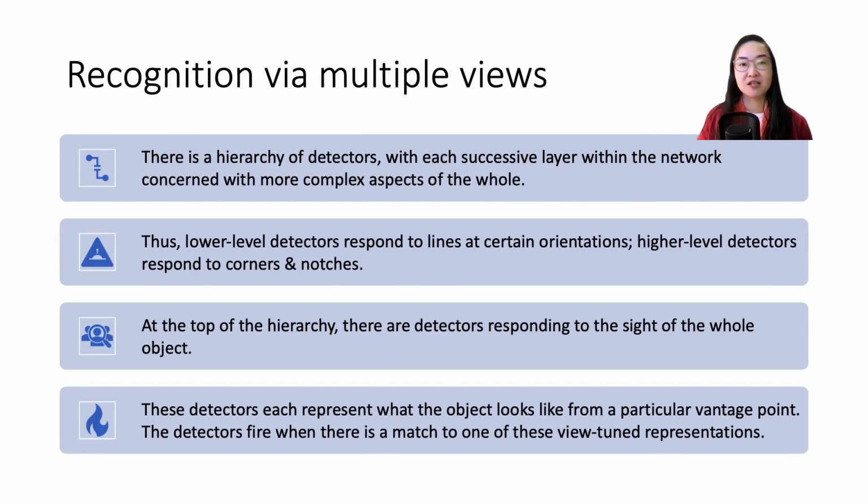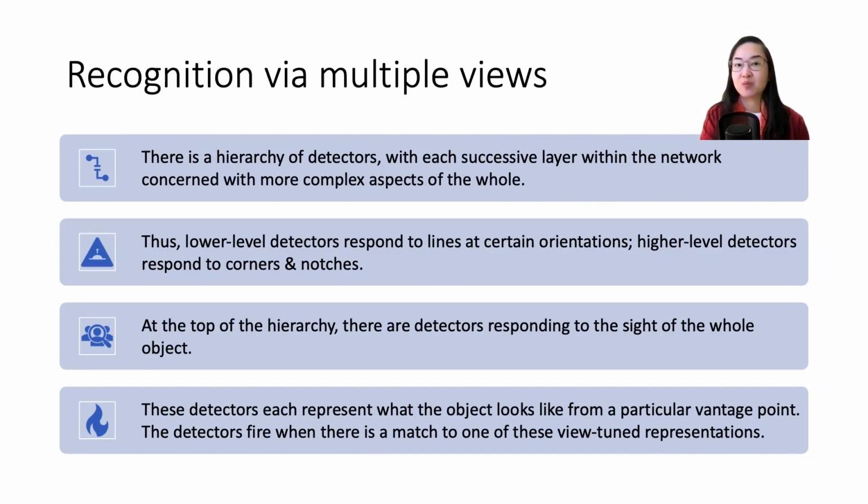Still on recognition via multiple views, there is a hierarchy of detectors, with each successive layer within the network concerned with more complex aspects of the whole. Thus, lower-level detectors respond to lines at certain orientations.